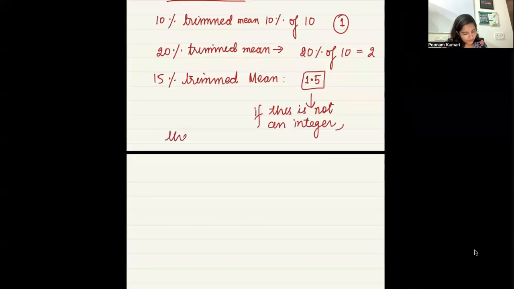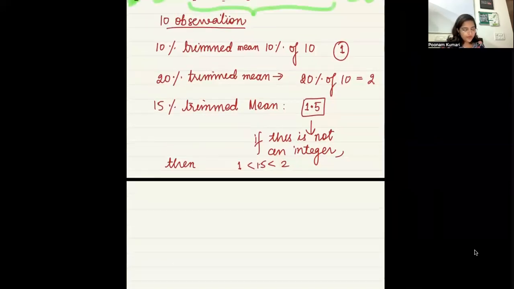You see, what is 1.5? It is between 1 and 2, right? So what you do is, first, you remove one observation from both sides and calculate the trimmed mean. And then you remove 2 observations from both sides and calculate the trimmed mean, right?